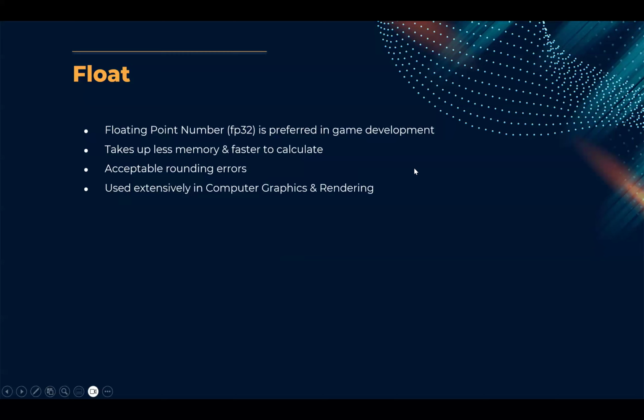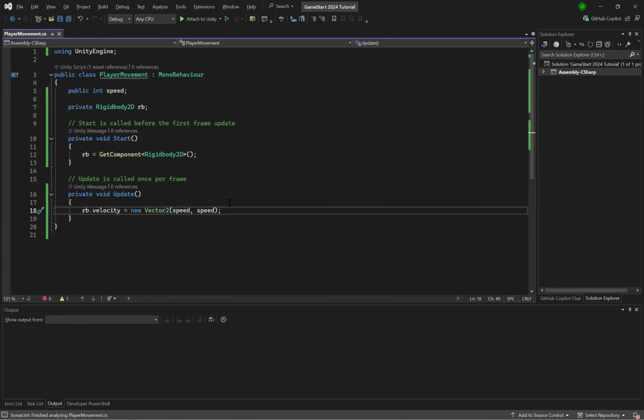So float is a primitive type available in most programming languages and is preferred in game development because it will be able to help us represent decimal numbers with good enough rounding accuracy, and is used extensively in graphics rendering and game development, but that is not very important.